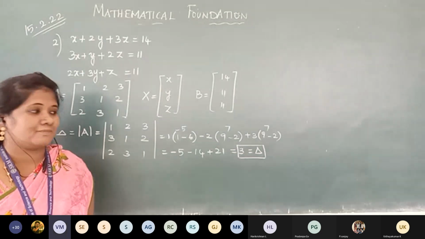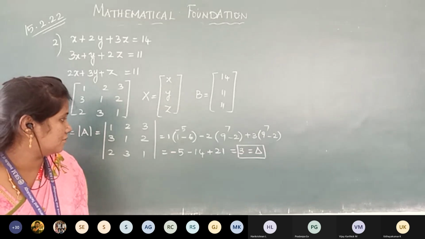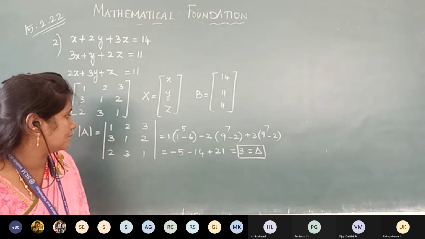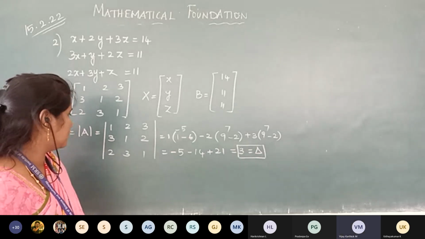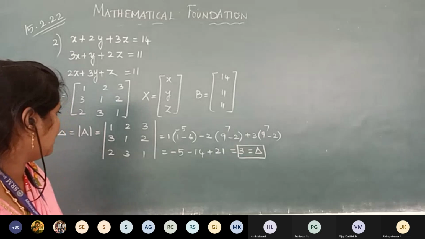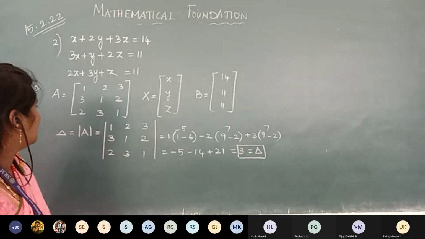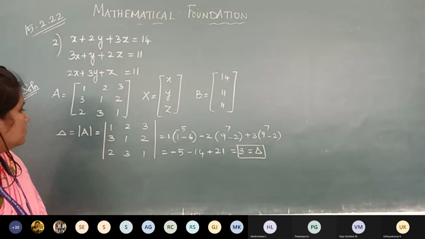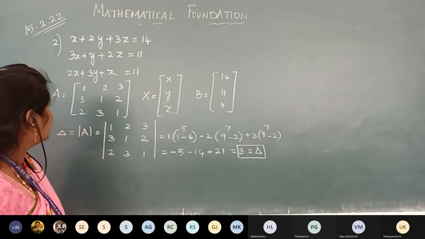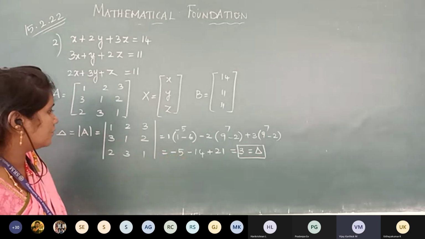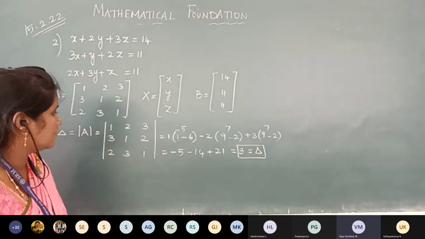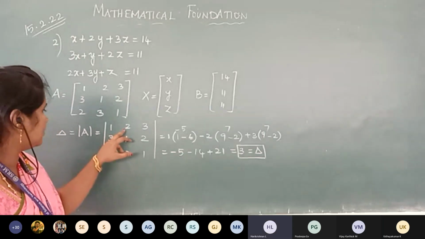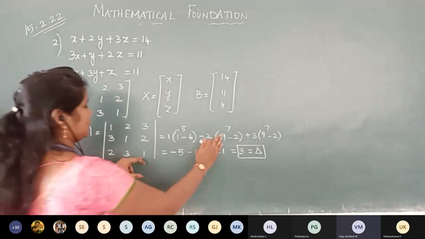Delta is 18. Correctly? 9 minus 2, 3 minus 4 will come, minus 2. Minus 2 into 3 ones are 3 minus.